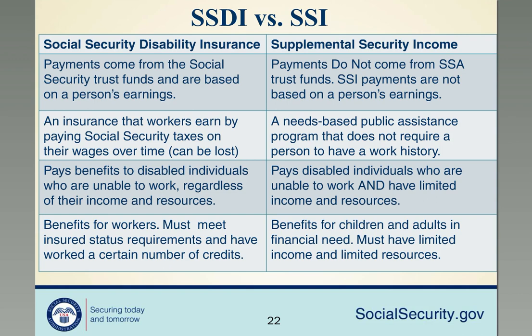As we discussed, you have to have worked long enough and have worked a certain number of credits, meaning in order to be eligible for this program, you have to have a certain amount of work. For the SSI program, you could be a child or an adult, maybe you've never worked or you have very limited work, and you potentially can qualify for this program if you have limited income and limited resources. So two very different disability programs, both of them administered by Social Security.